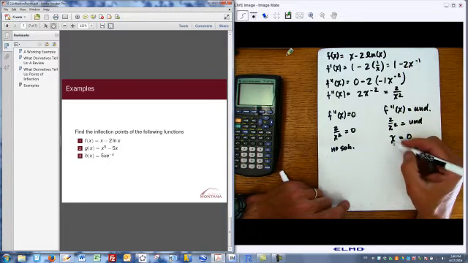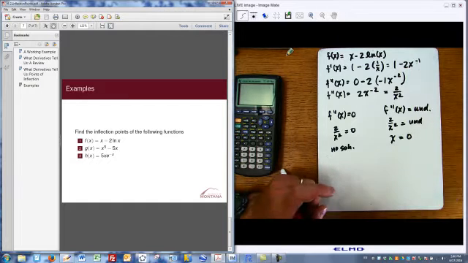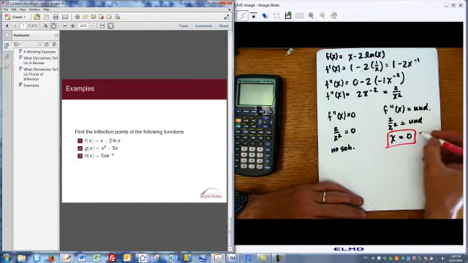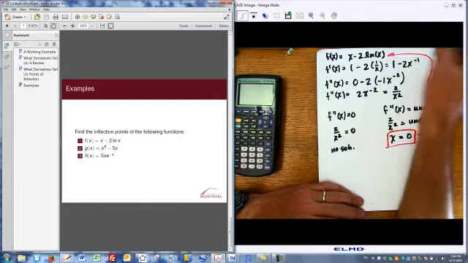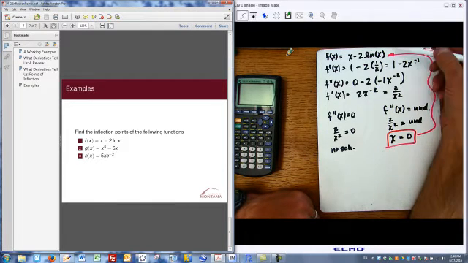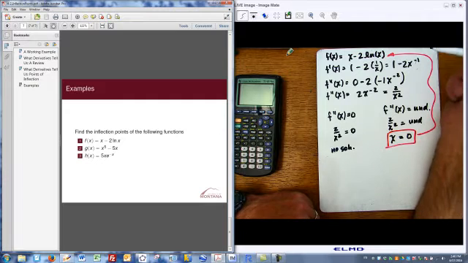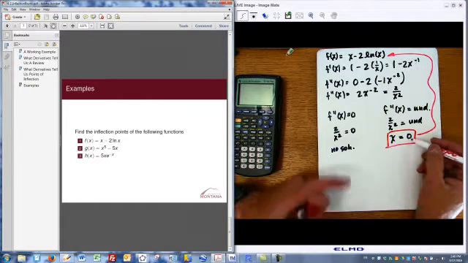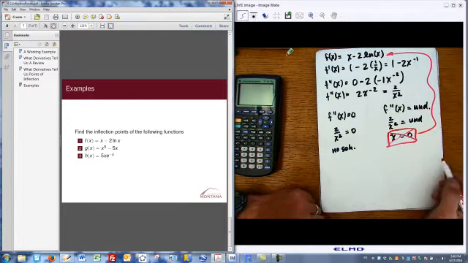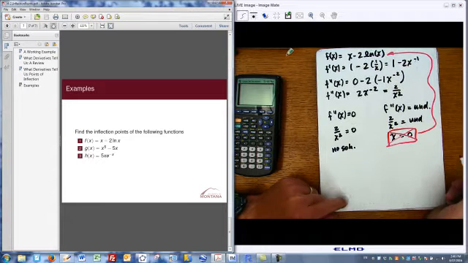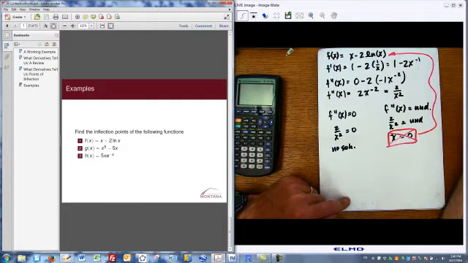So this is a potential inflection point, but a quick look back at the function, and maybe I should have done this to begin with, I can see that the domain of this function is restricted. Because the natural log is part of this function, the natural log is restricted to positive real numbers only. X equals 0 is outside of the domain, so it's not an inflection point candidate because it's not a point on the graph.